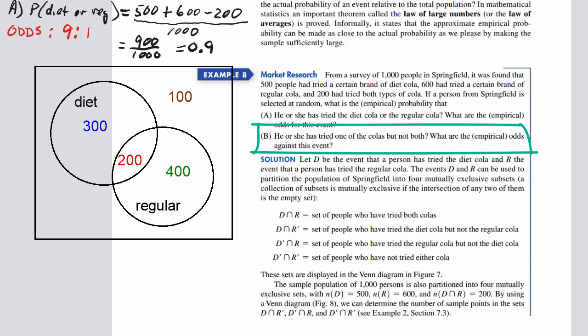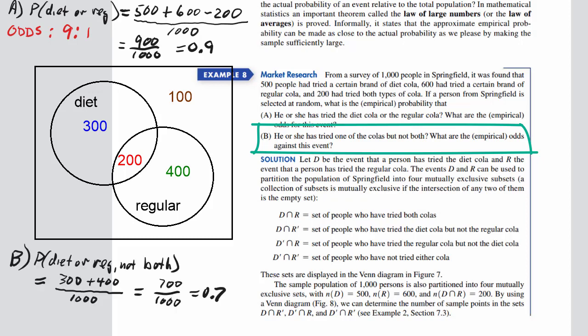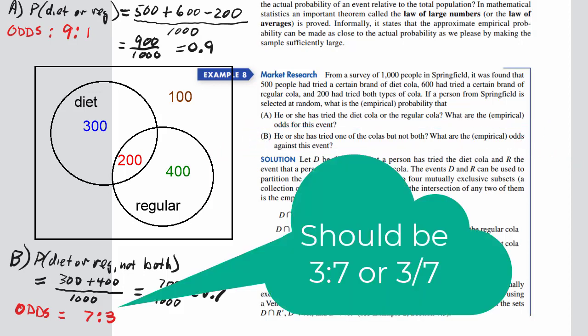So the probability is going to be 700 divided by 1,000, which is 7/10. Now I wrote down the odds in favor of that, 7-3. But I messed up. The question is asking for the odds against. So I have to flip the values like this.